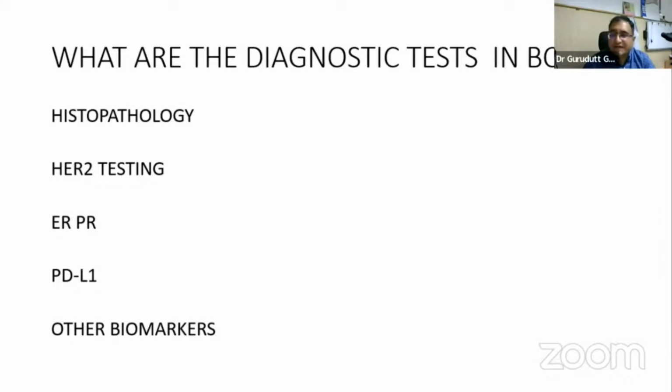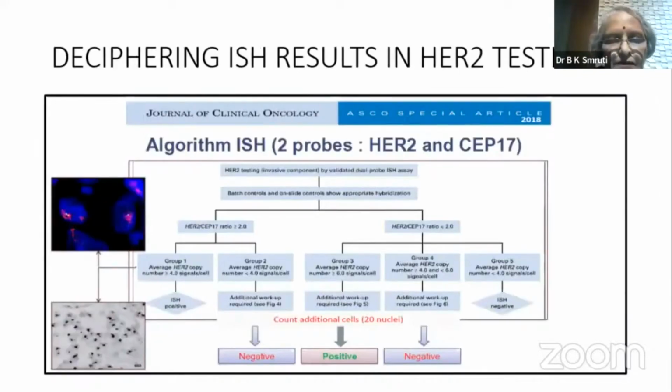they have divided it into 5 groups. So in the first, if it is HER2 3+ on IHC, then there is no need for further testing. You can just move on to the next slide. I don't have the control. Yes. And if it is group 5, that is negative, then you need not do it. So in between, for groups 2, 3, and 4, you have to go for additional testing by FISH.